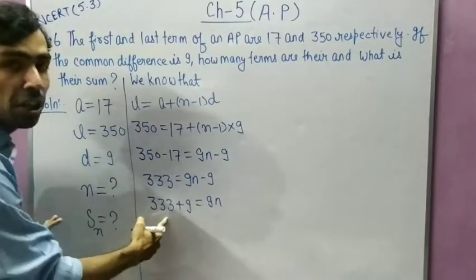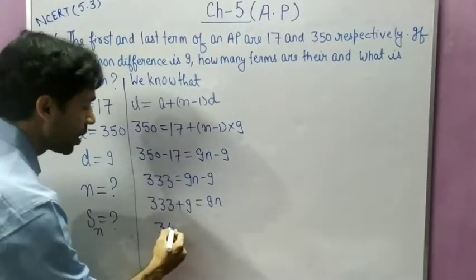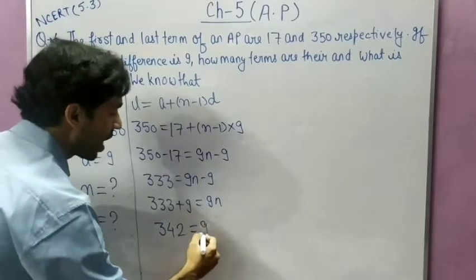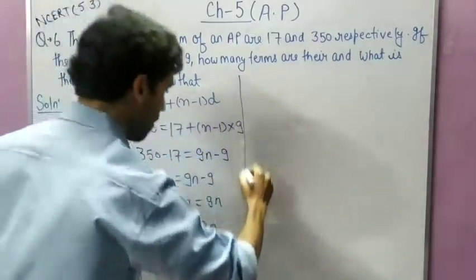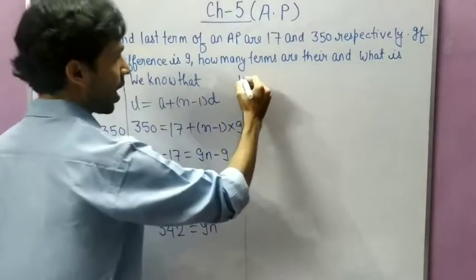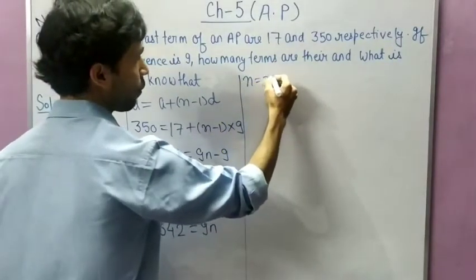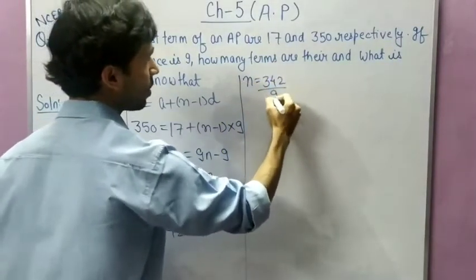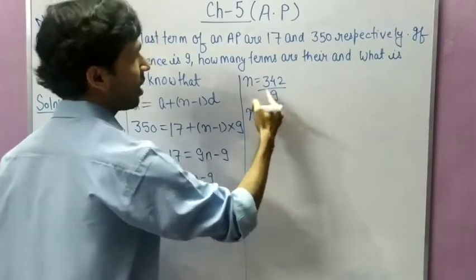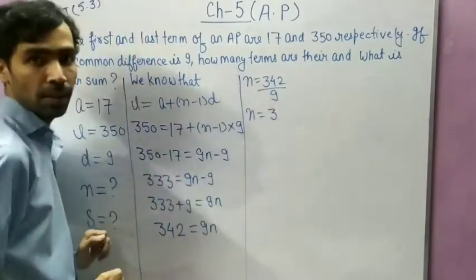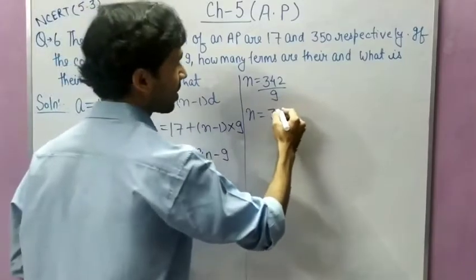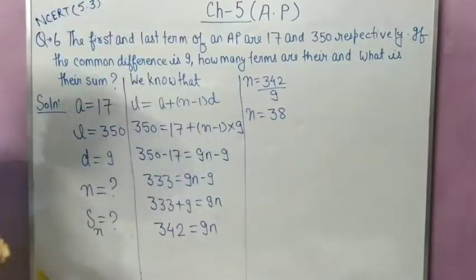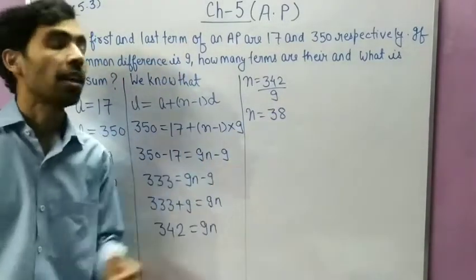Now 333 plus 9 will be 342 equal to 9n. So n equal to 342 upon 9. So n will be equal to, 9 3s are 27, carry 7, and 9 8s are 72. So the value of n comes 38.